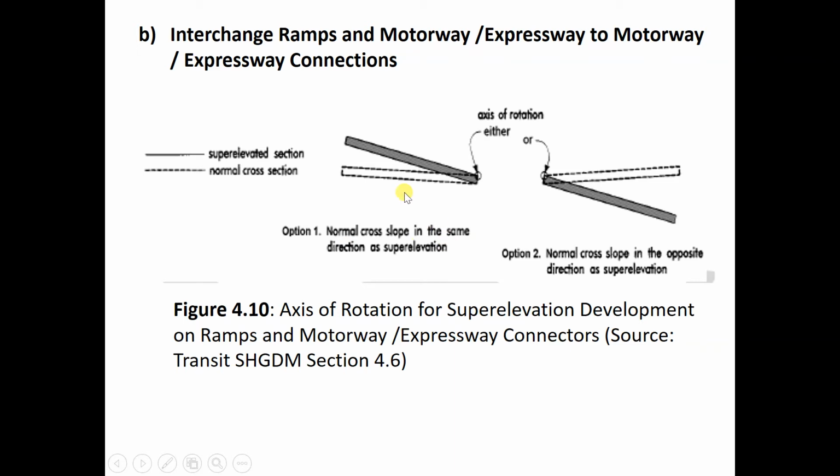And for the dual carriageway, it could rotate around either this or that. So they maintain the height of the edge. For the left hand road, it maintains the left hand edge. Normally this road has the same crossfall across.